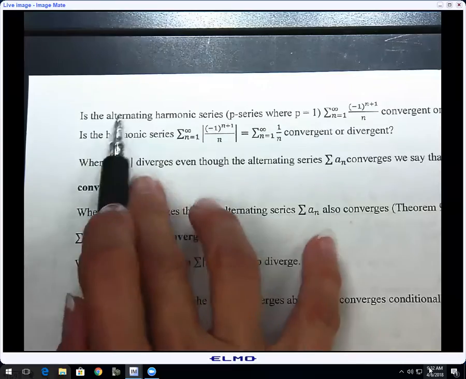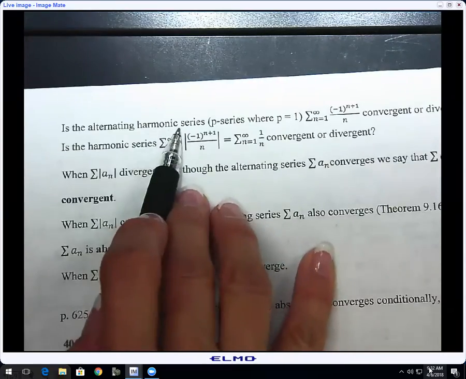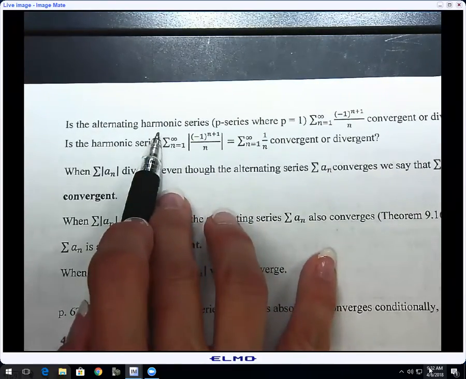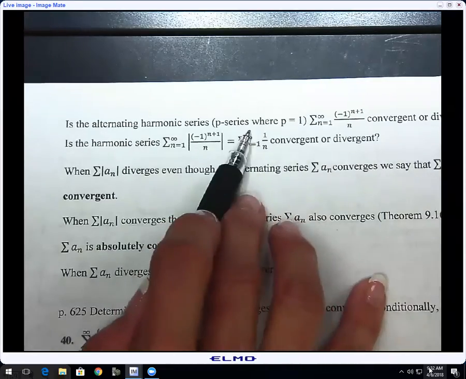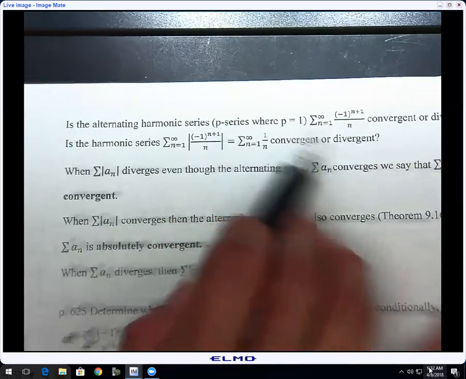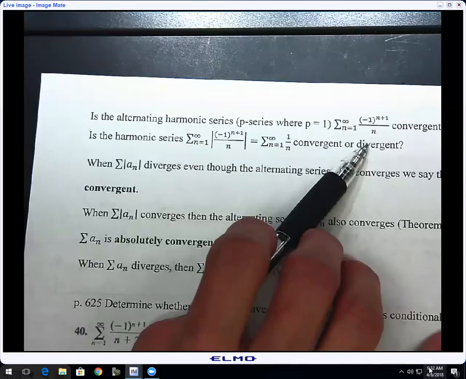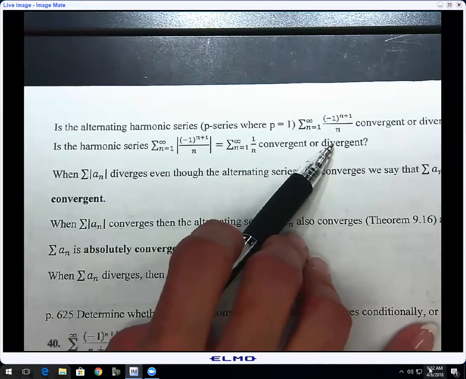Let's talk about the alternating harmonic series. Remember, a harmonic series is just a p series where p equals 1. So 1 over n all by itself is a p series, but it's a special p series where the power is 1. That special series is called a harmonic series.